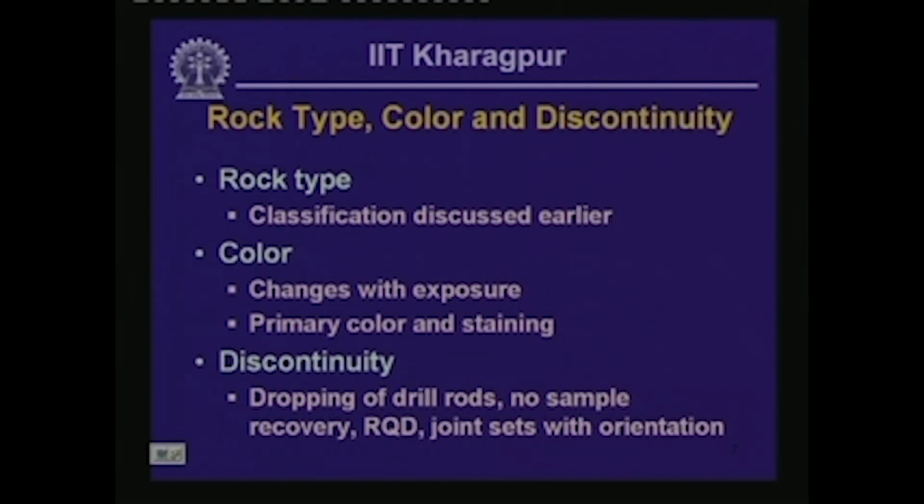Then RQD is rock quality designation. We are going to look at the details of the technical meaning of this term in one of the later lessons. And then we have to talk about the joint sets that crisscross a given mass of rock and the orientation of these joint sets in terms of their azimuth and dip.